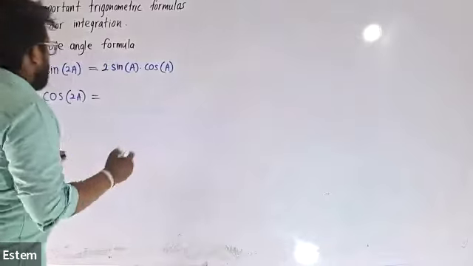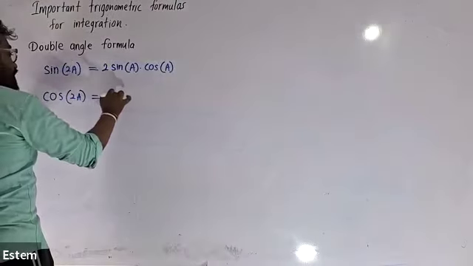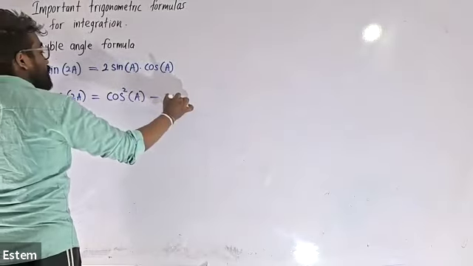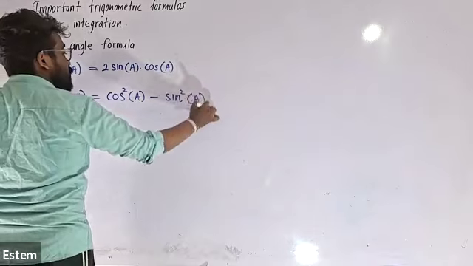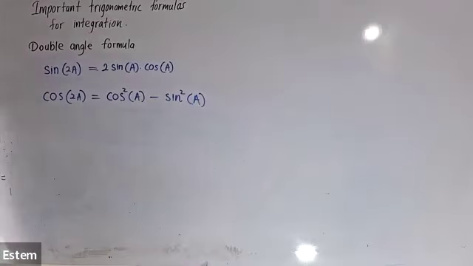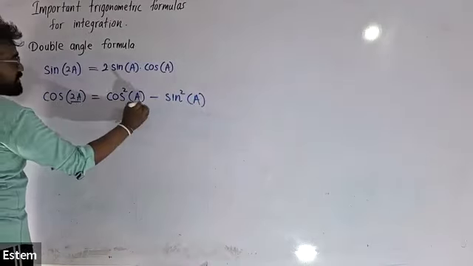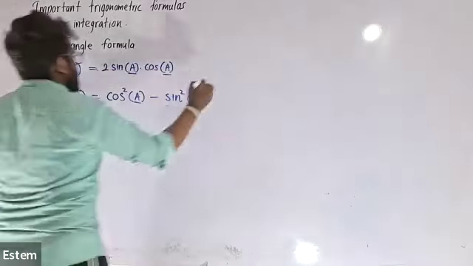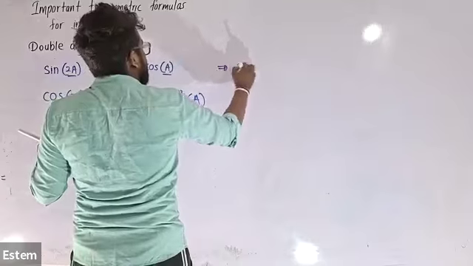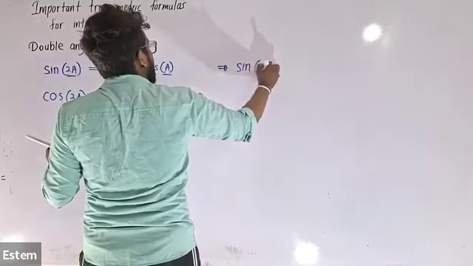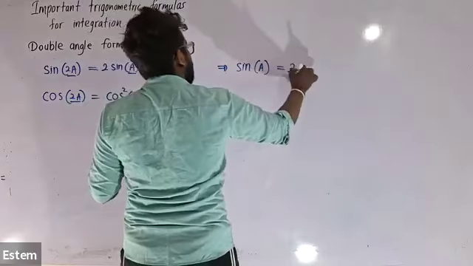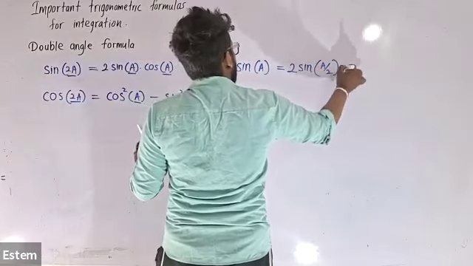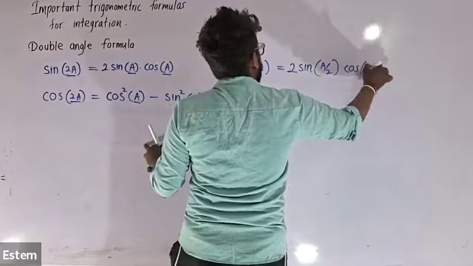Then we can easily write this as cos squared A minus sin squared A. See, this is 2A, this is A, this is A. If sin A is there, we can write this as 2 sin A over 2 cos A over 2.